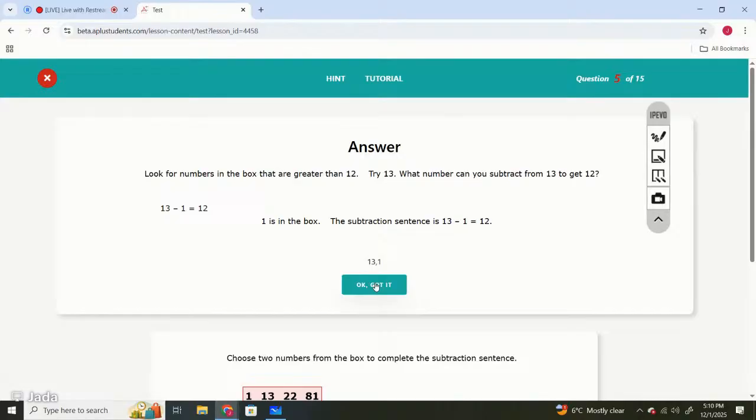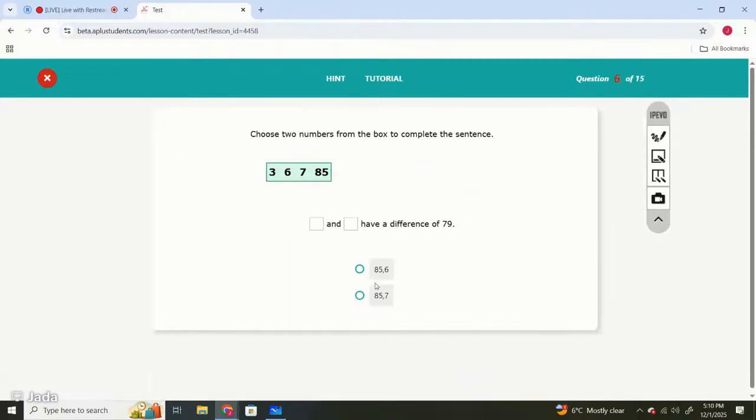Okay, that is 13 and 1. Choose two numbers from the box to complete the sentence. Which two numbers have a difference of 79?